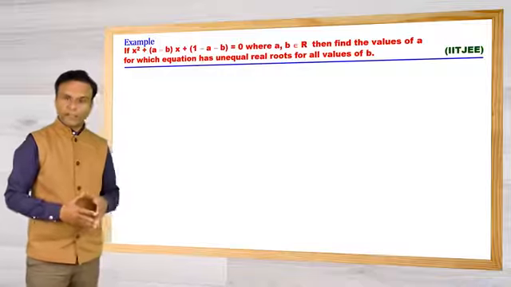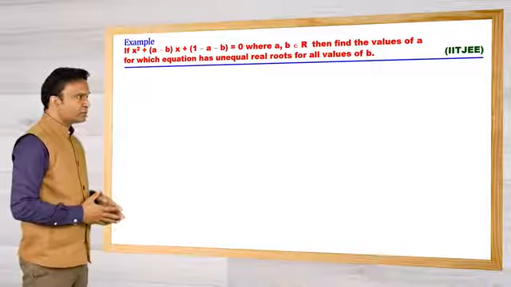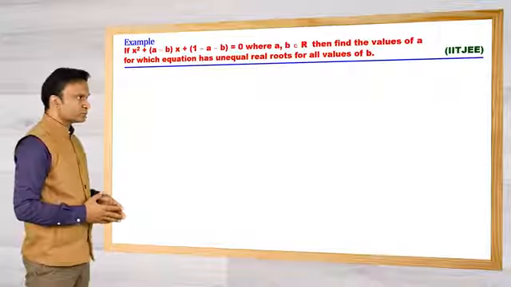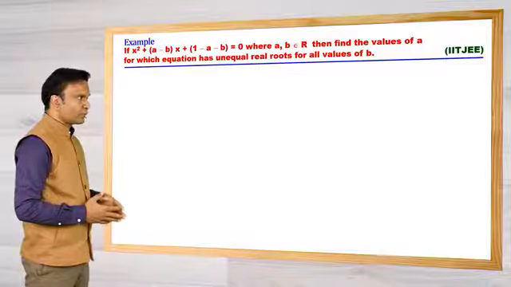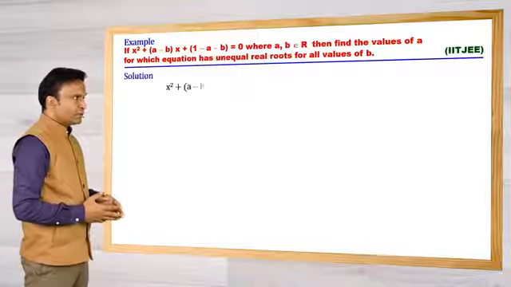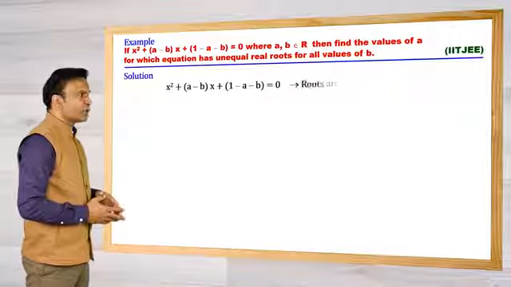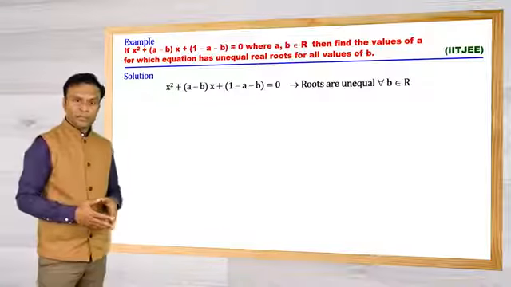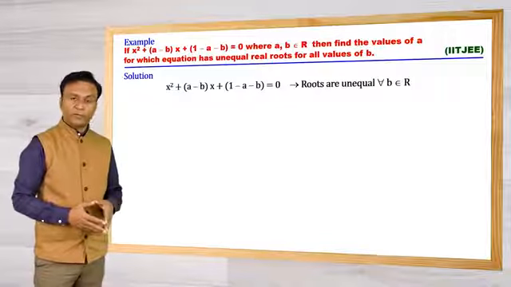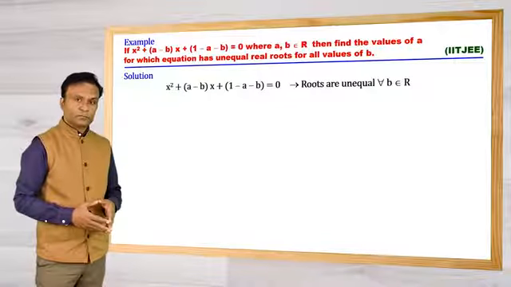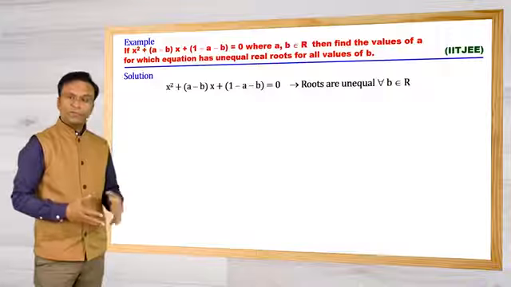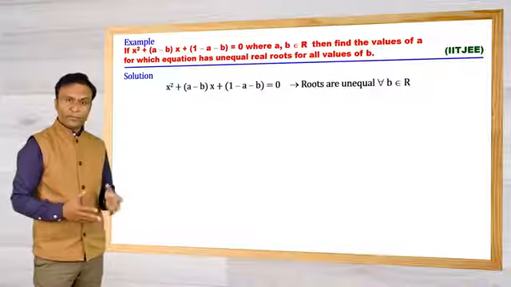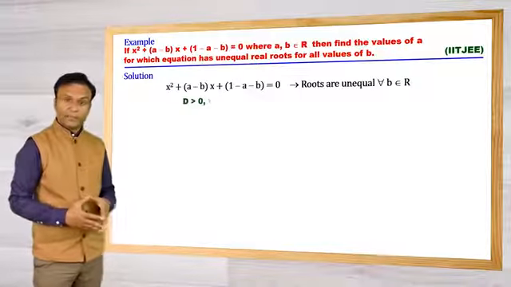Let's try one more JEE question. Here is the question. The roots of this equation are unequal for all real values of b, then we have to find the values of a. Since the roots are unequal, we have the discriminant greater than 0.